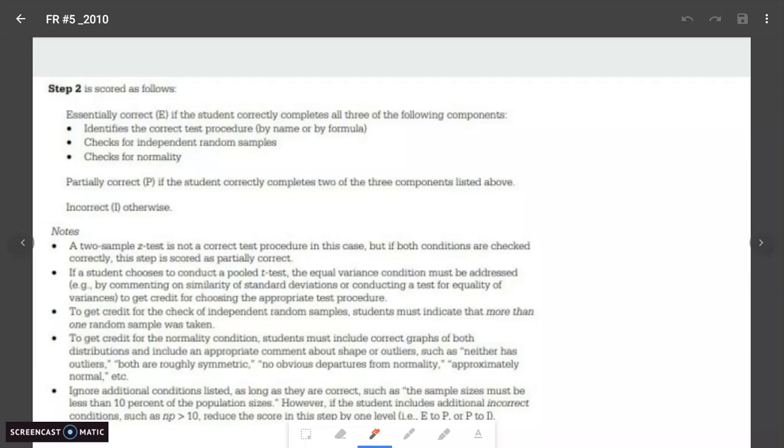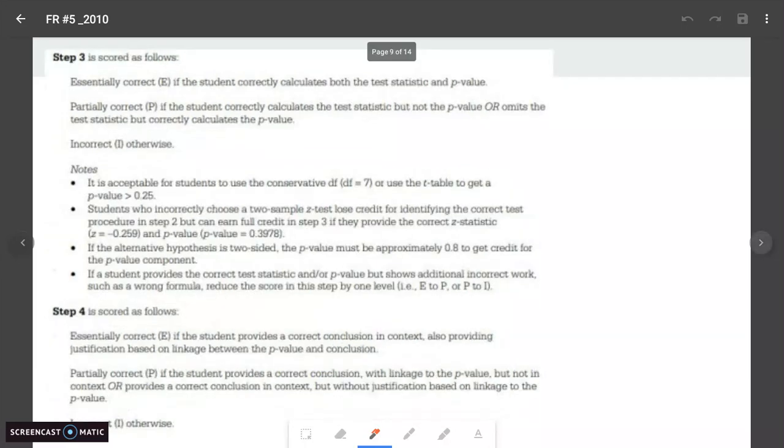Okay, nearly normal too. We want to make sure we have the right nearly normal situation going on depending on the info we have. Again, look through these notes and kind of see what kind of pieces you would see that the graders would notice as well. For 3, it's essentially correct if you calculate the t statistic and the p-value.